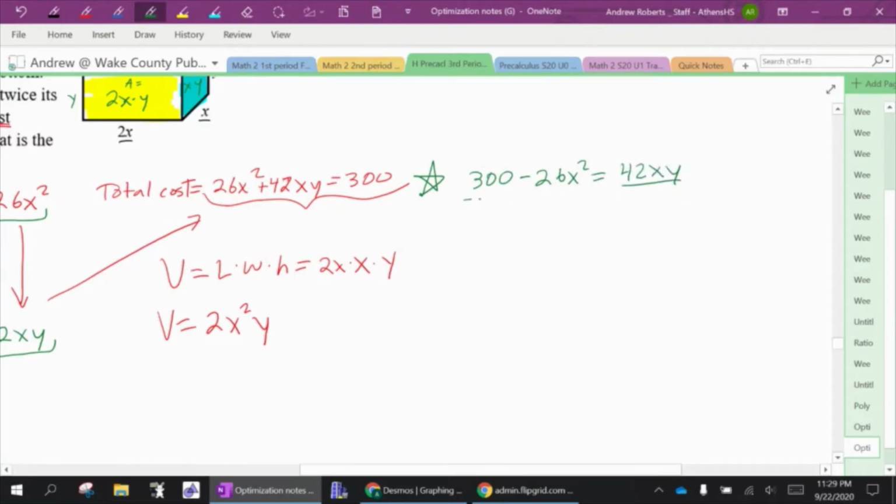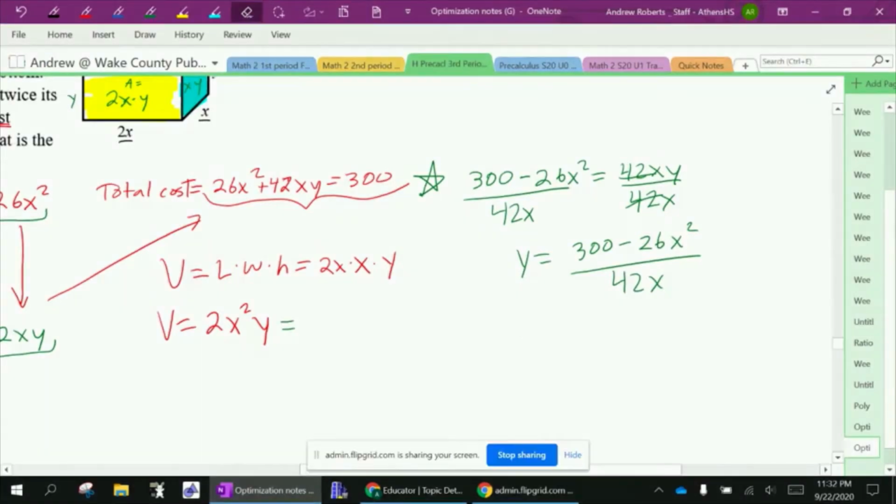Then I can divide both sides by 42x. And I'm left with, those cancel out. So y equals (300 minus 26x squared) divided by 42x. You could simplify that some, but honestly, you leave it like that, it works just fine too.